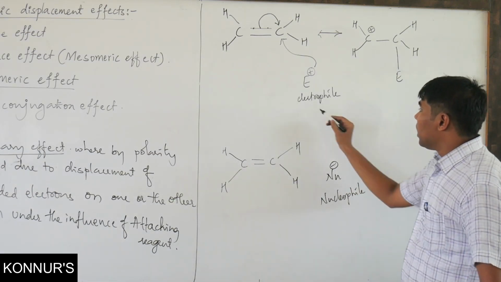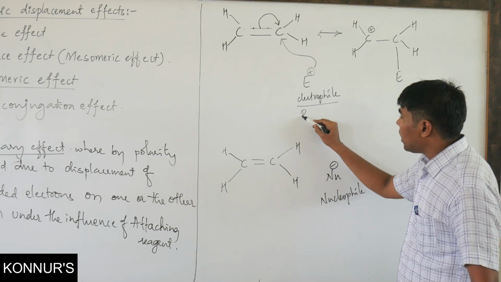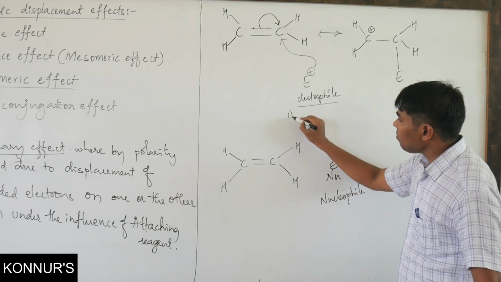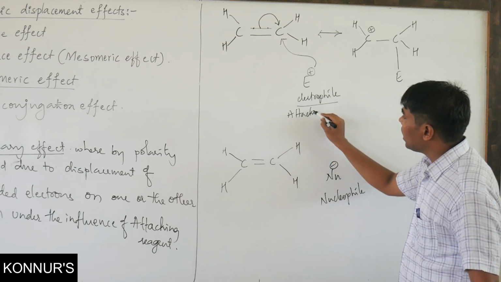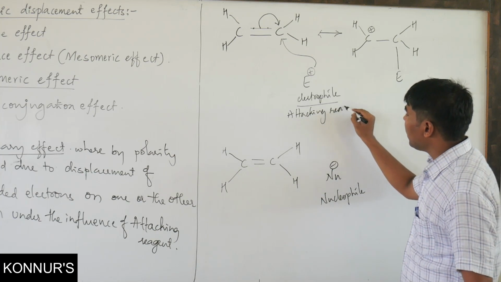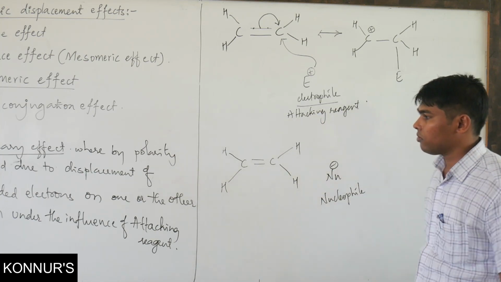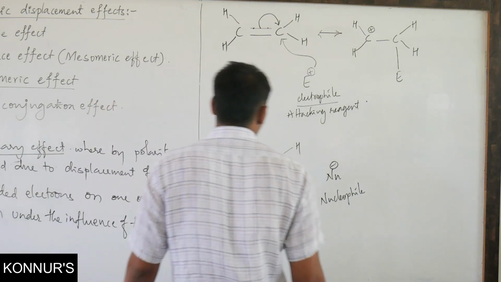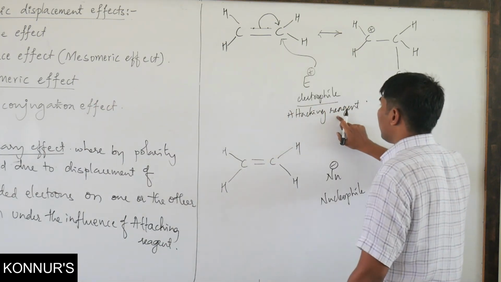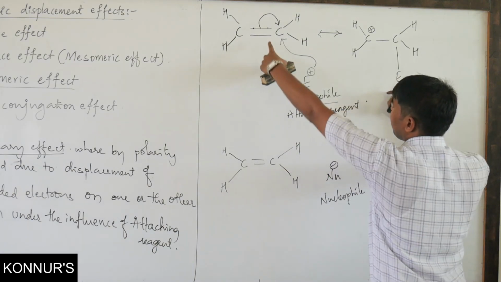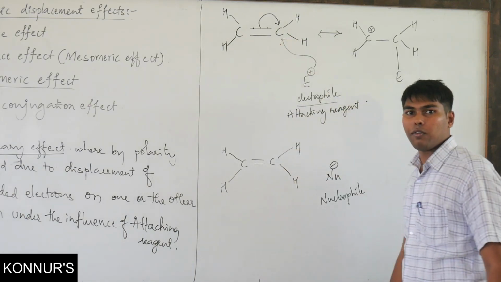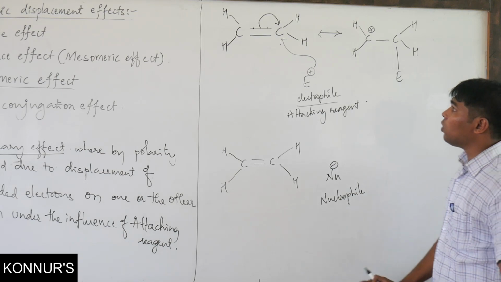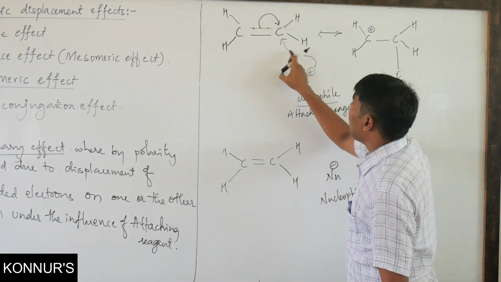Now, this I have called an attacking reagent. Here, under the influence of attacking reagent, the displacement of pi bonded electrons takes place, and that too towards the attacking reagent.